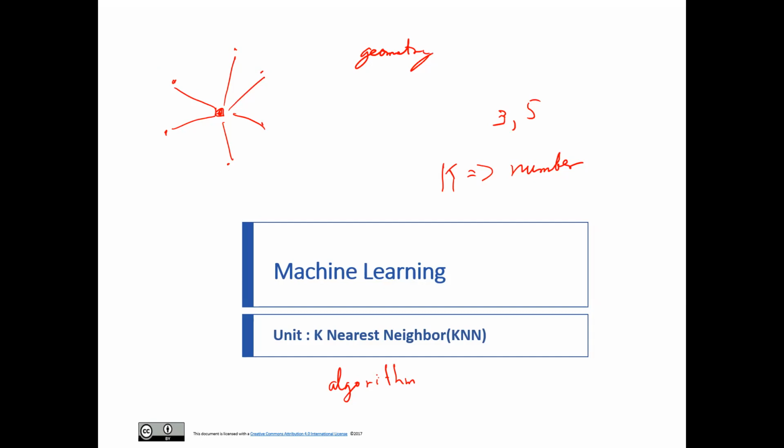All right, and then once you've sorted, you select, let's say, the 3 shortest distances or the 3 closest samples or the 5 closest, and then you evaluate, well, what type of samples are these? And that's really, in a sense, the algorithm. But that brings up a lot of important elements that we need to address, okay?